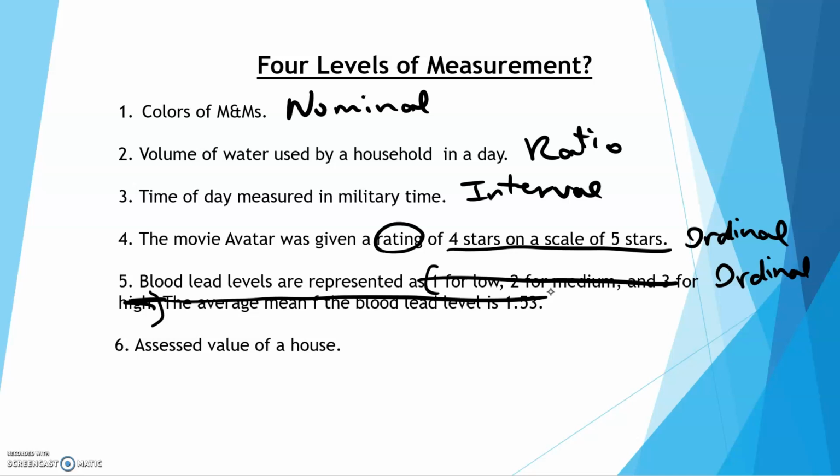No, so none of the quantity would be present at 0. And you could order it, you could find the difference, and it would mean something. So that would be ratio. But since I do have this little statement right here, the 1 for low, 2 for medium, 3 for high, well, now it's ordinal. So you have to be careful with the wording of it.